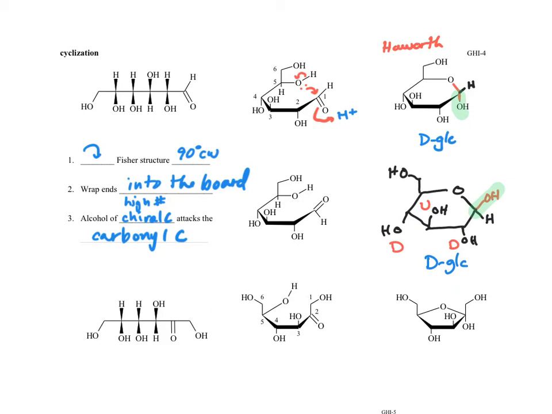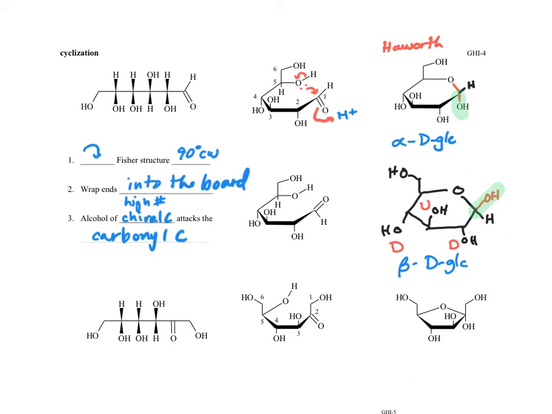Because these are both D-glucose, but they are not the same molecule, we have to have different names for them. And believe it or not, we are going to use the Greek letters alpha and beta again. This is alpha and this is beta. This has nothing to do with alpha carbons from amino acids. It has nothing to do with alpha helices and beta sheets. It's simply two different forms that we're going to call D-glucose.